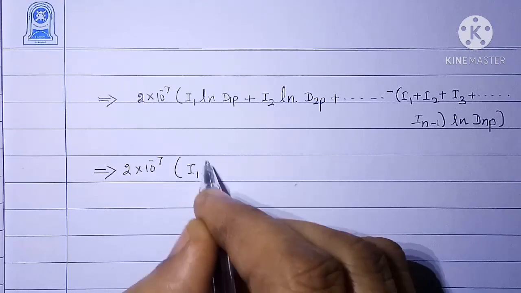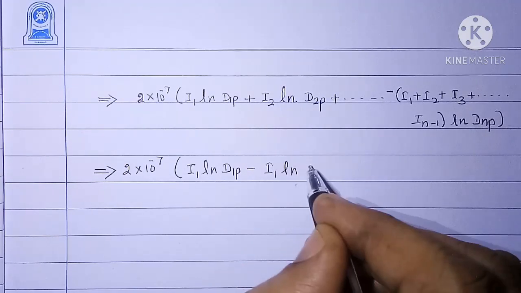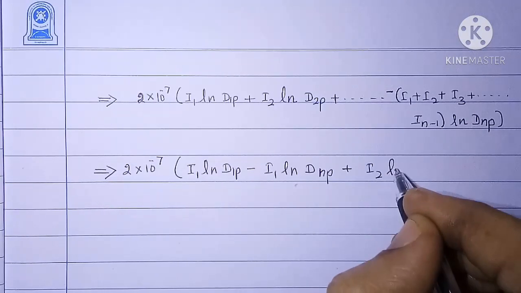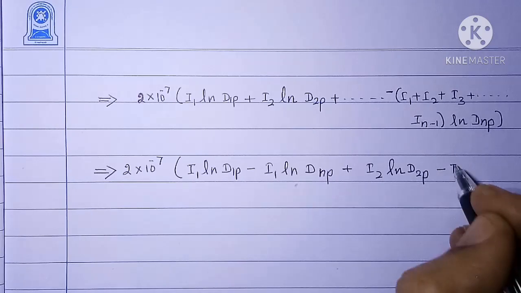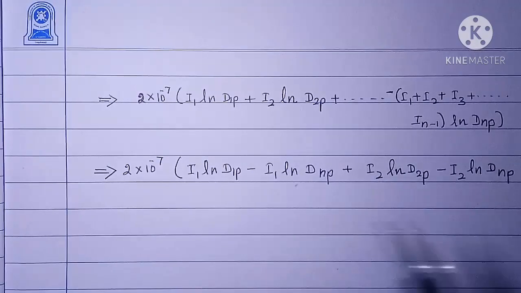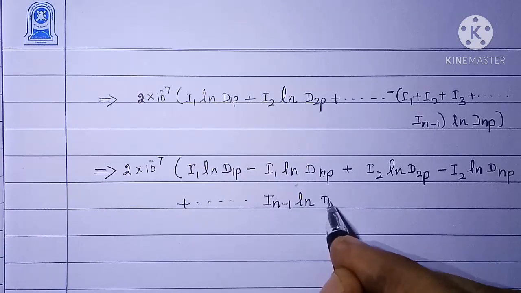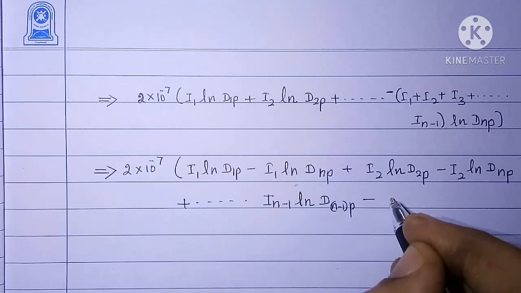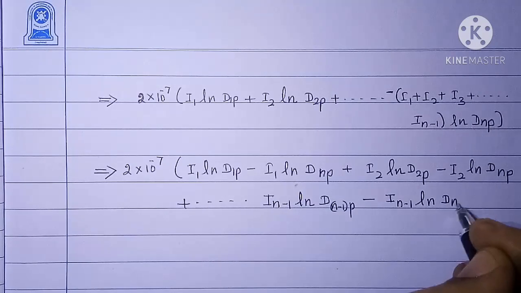That is I1 ln of d1p minus I1 ln of dnp plus I2 ln d2p minus I2 ln dnp plus and so on up to In minus 1 ln dn minus 1p minus In minus 1 ln dnp.